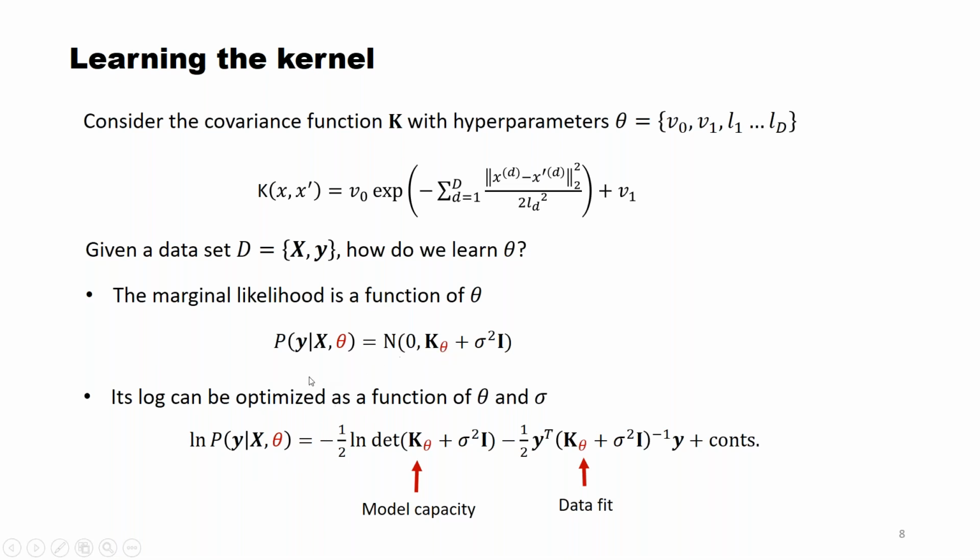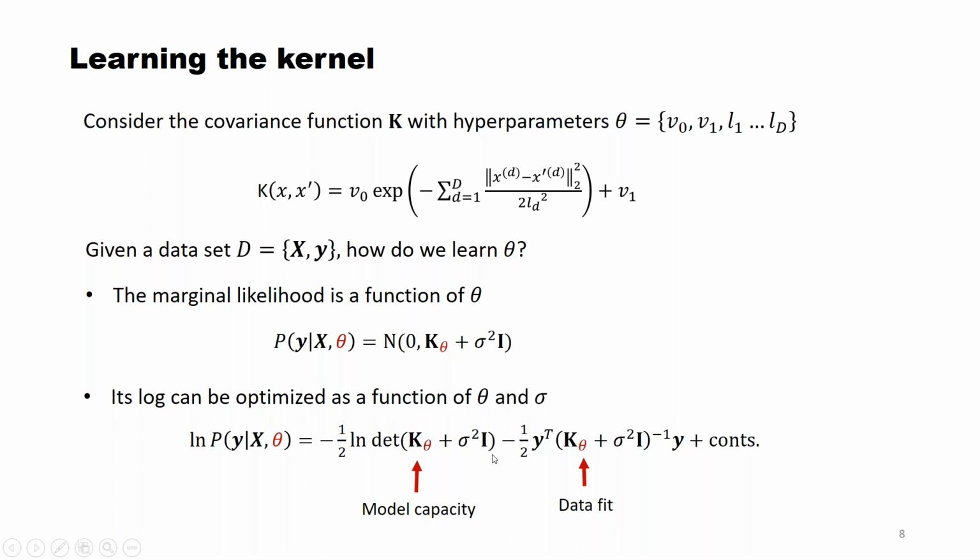And since this is Gaussian, you can immediately get these two terms, and then some constant. It turns out that this is basically the prefactor, the normalization factor in front of the exponent, and this is just the factor inside the exponent.